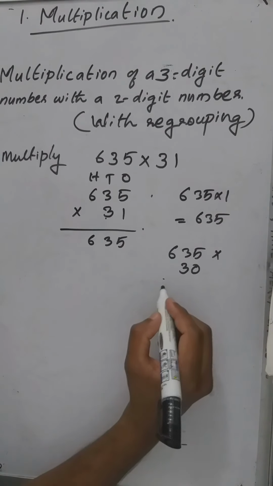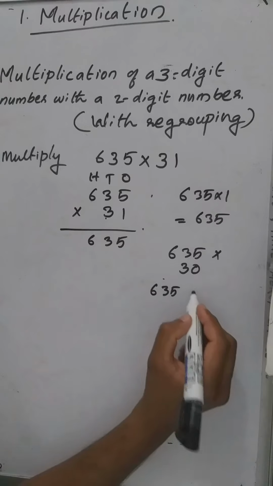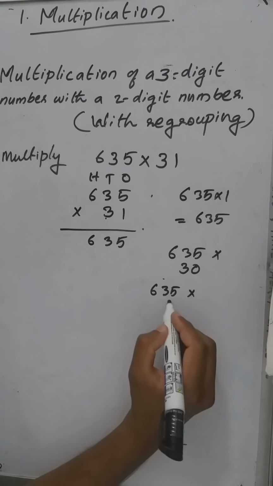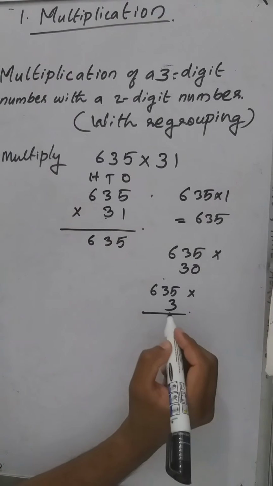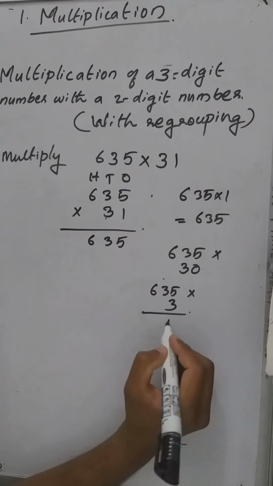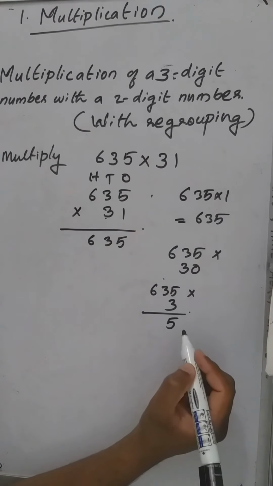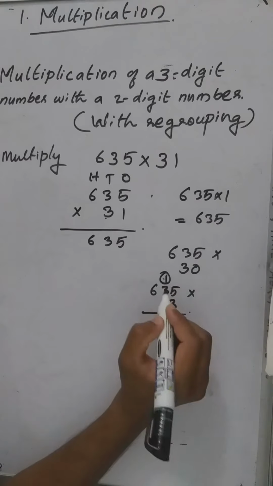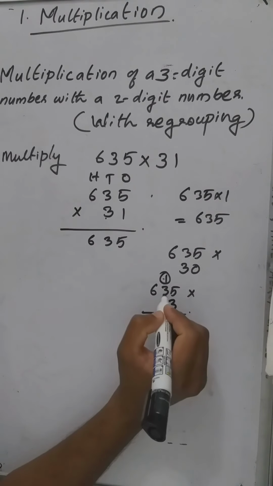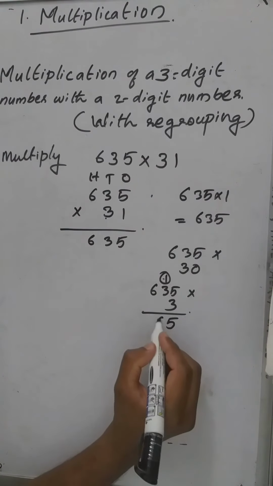So 635 multiplied by 3. 3 5s are 15. For 15, 5 we can write, and 1 carry to this 3, and 3 3s are 9 plus 1, 10.